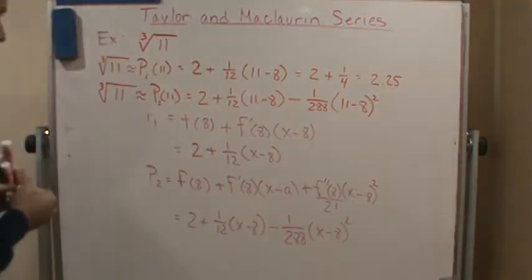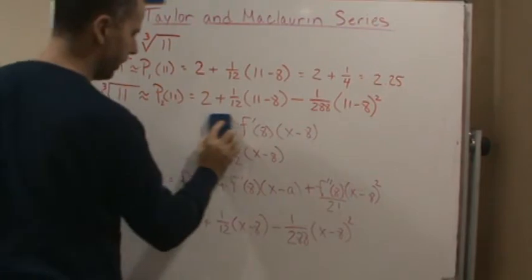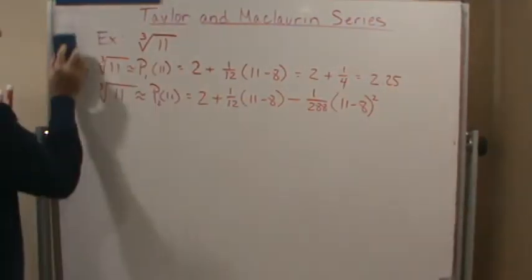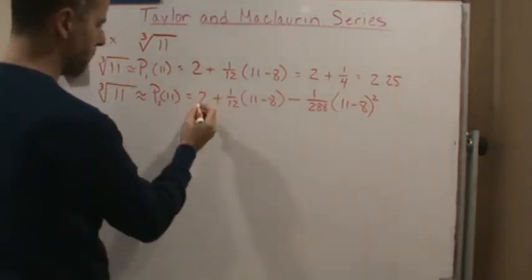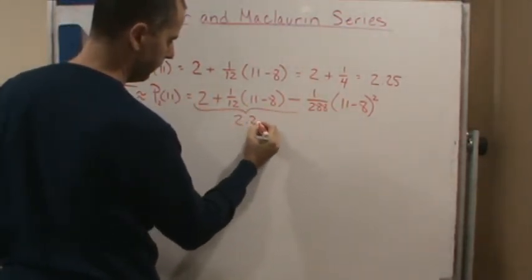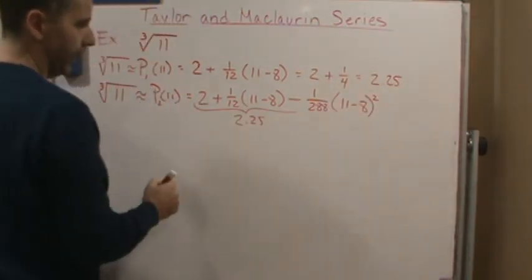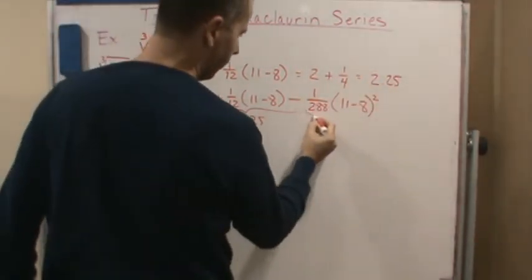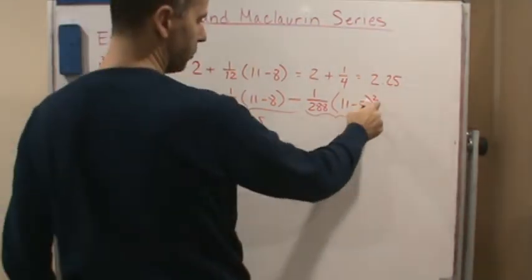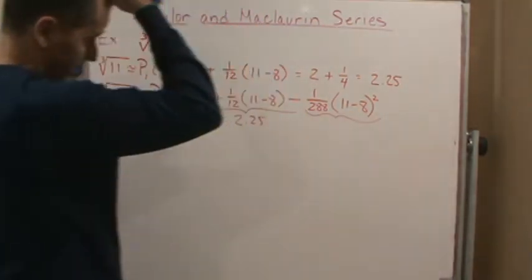Okay, well, we already know that this piece here is 2.25, from here. And this piece becomes 3 squared, which is 9.